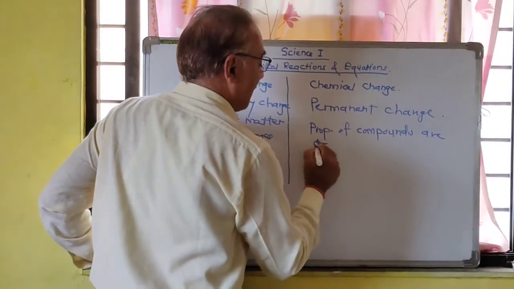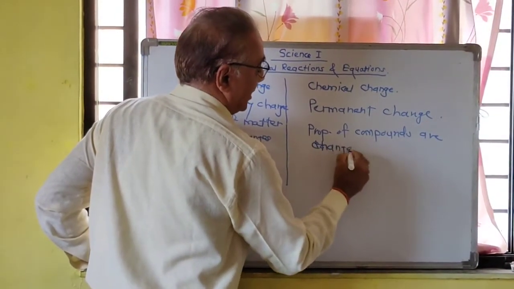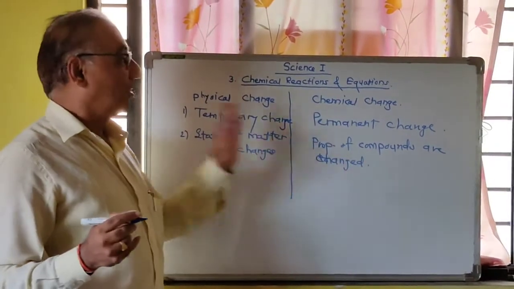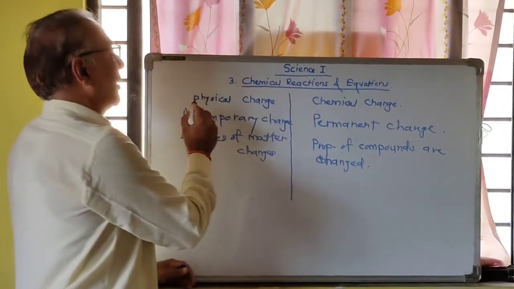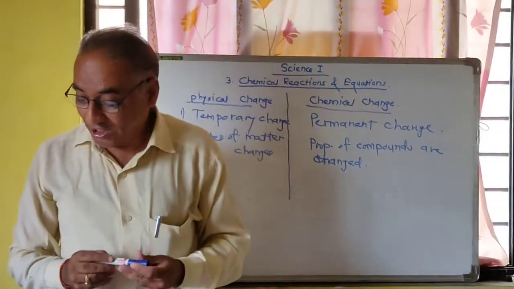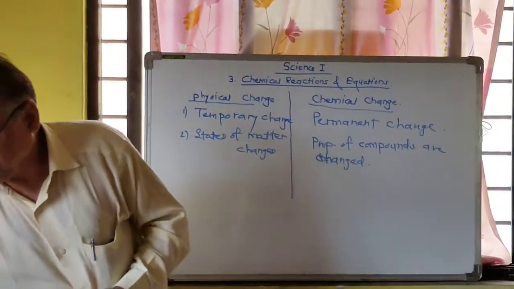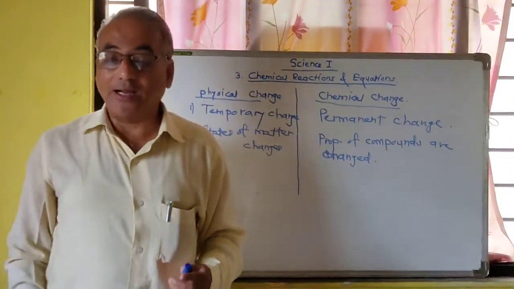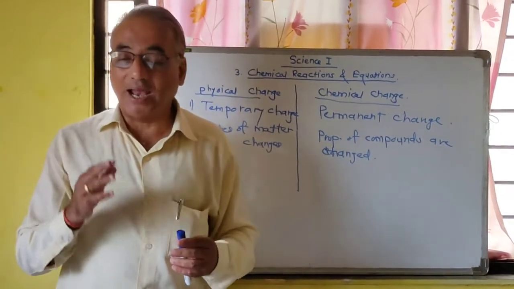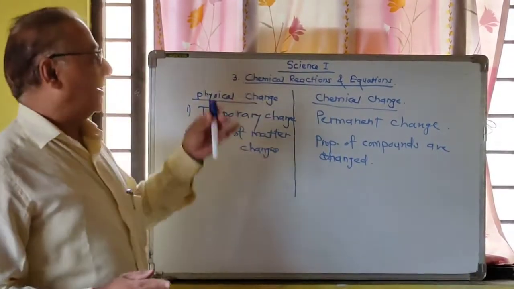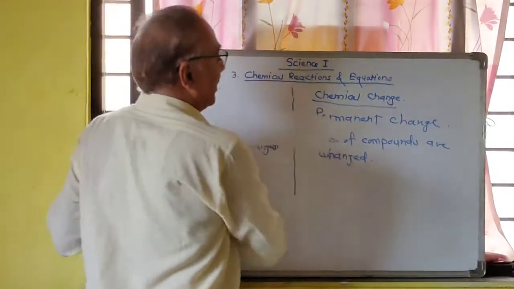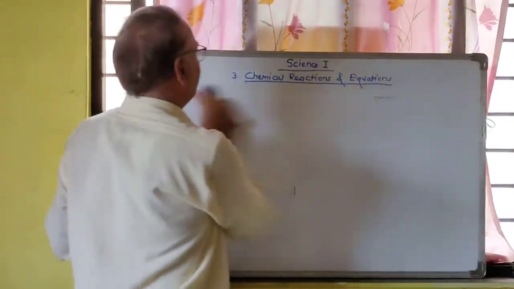It means the properties are different from its elements. These are the differences between physical change and chemical change. In your textbook on page number 30, there is a chart in which you have to identify the physical and chemical changes. Now let us turn towards our main topic, what is meant by chemical reaction.